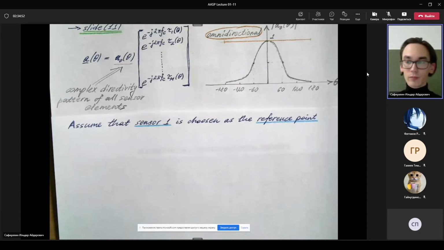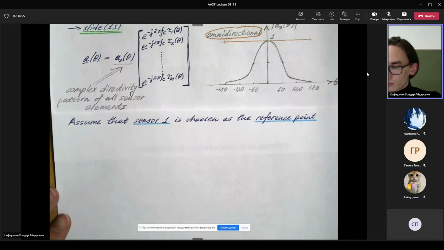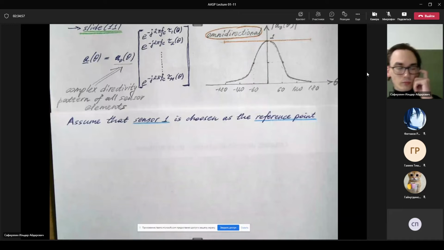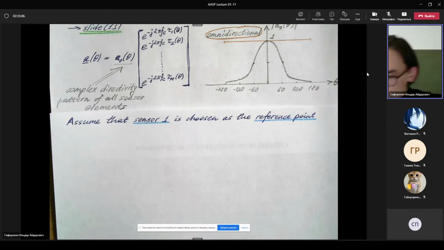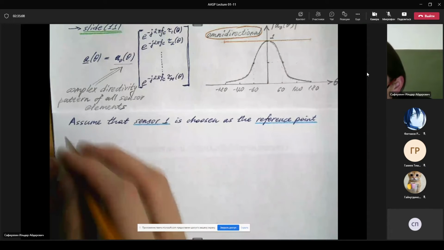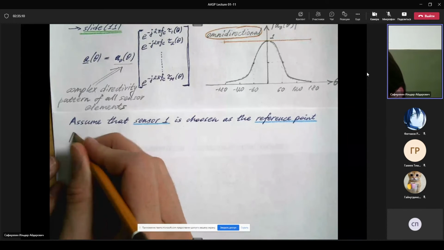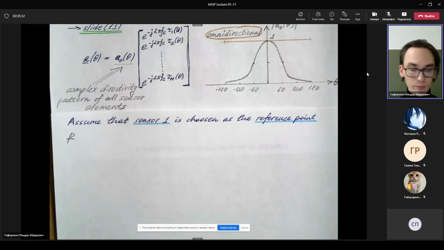Based on this origin, let's first show the location in the space of these sensors. For this, we use vector P as before.